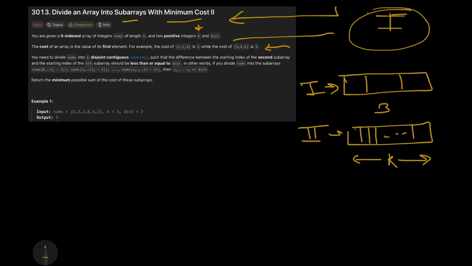and the cost of the subarray is the same, which is the first element of the subarray. Cost part is the same. What else is given?